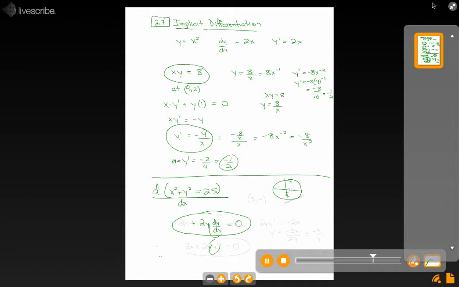This is the trick here: every time you differentiate a y term, you get a dy by dx, or if you prefer, 2x plus 2y y prime equals 0. Every time you differentiate y, you get this y prime term.